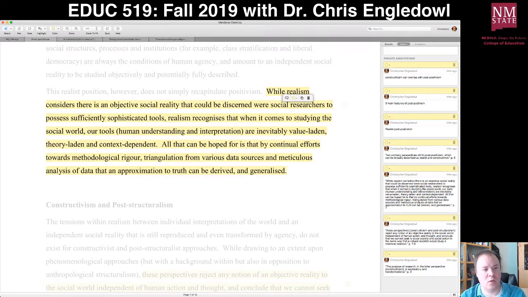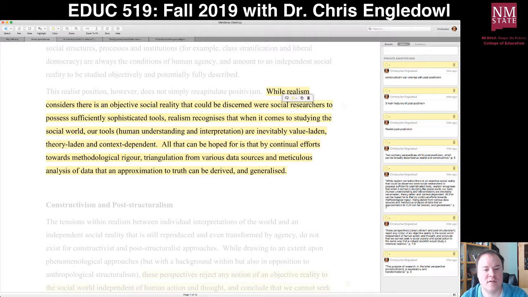It says, while realism considers there's an objective social reality that could be discerned were social researchers to possess sufficiently sophisticated tools, realism recognizes that when it comes to studying the social world, our tools, human understanding and interpretation, are inevitably value-laden, theory-laden, and context-dependent.